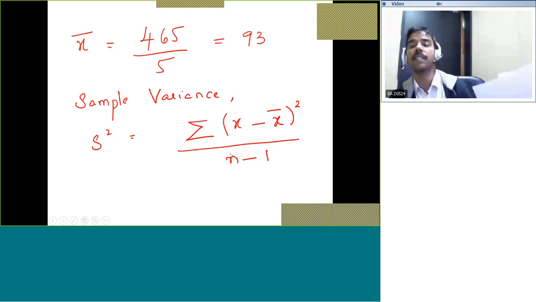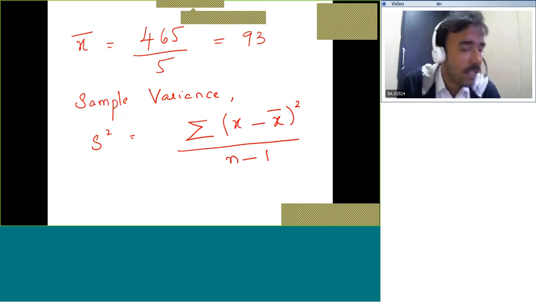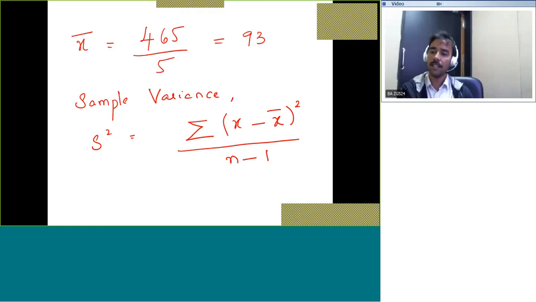This is the interesting point to remember. If you put n, then sample variance cannot be an unbiased estimator of population variance.